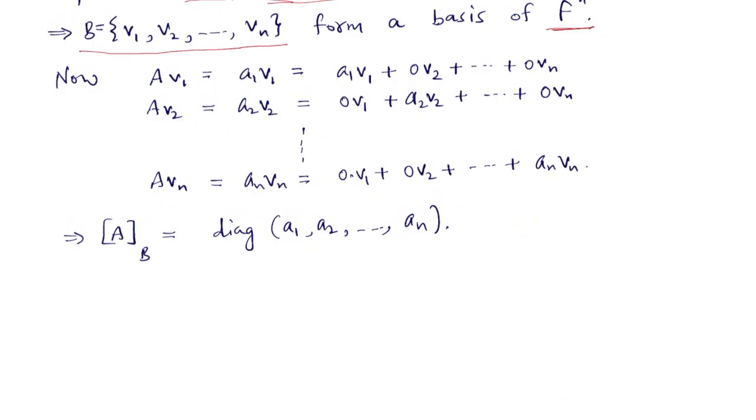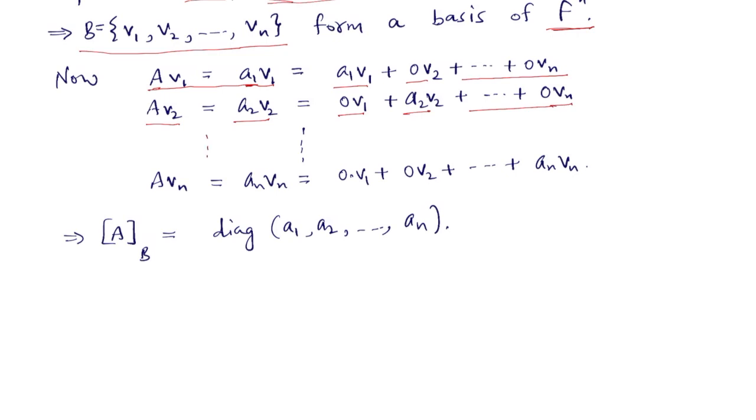Now A of V1: because a1 is an eigenvalue of A, A of V1 will be equal to a1 V1. a1 V1 we can write as a1 V1 plus 0 V2, 0 V3 and so on up to 0 Vn. Similarly, A V2 is a2 V2. This we can write as 0 V1, a2 V2 and so on, 0 Vn.